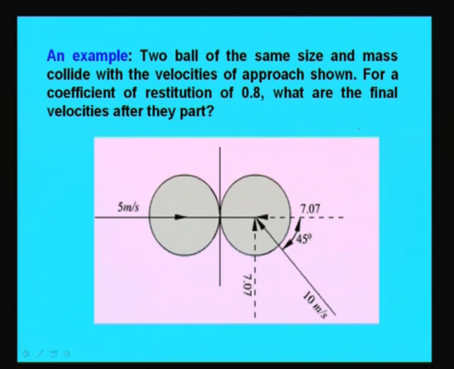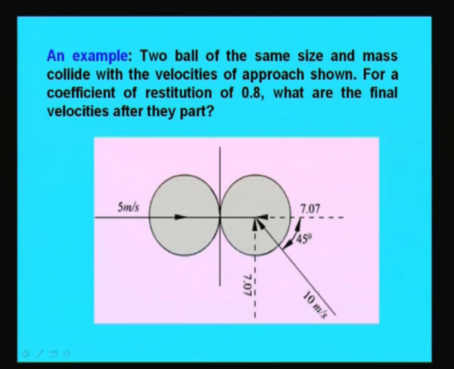What are the final velocities after they part? One body is going at 5 meters per second. The other body is coming at 10 meters per second, at 45 degrees to the common normal. In that case, resolve it into 2 components.